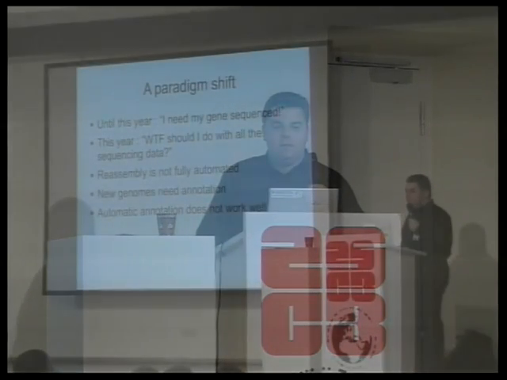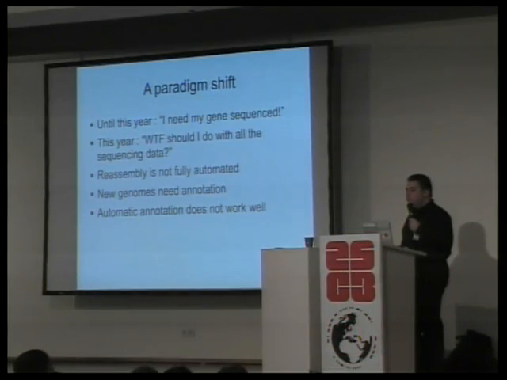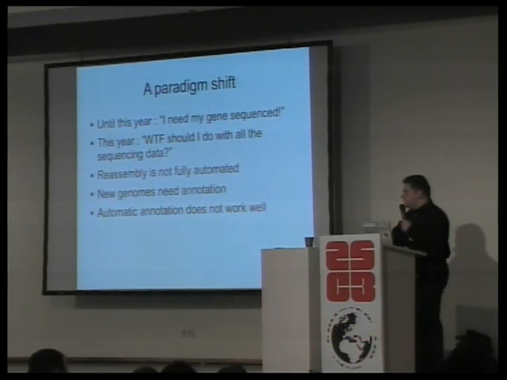And it's not as trivial as it sounds, because even today there is no good way for automated annotation for this stuff. If you let the best software run over a human genome today, you'll get probably 50% false positives and 50% of the genes that it misses. So automatic annotation is not the solution, at least not now.